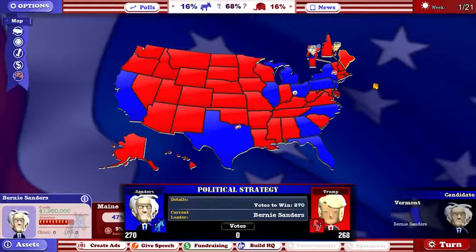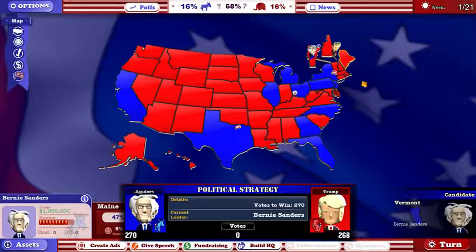So how do Maine and Nebraska cast their electoral votes? Well, Maine has 4 electoral votes and Nebraska has 5. So how it works is that each of these 2 states set aside 2 of those electors to the winner of the state. So 2 from Nebraska and 2 from Maine will go to whoever wins the entire state.